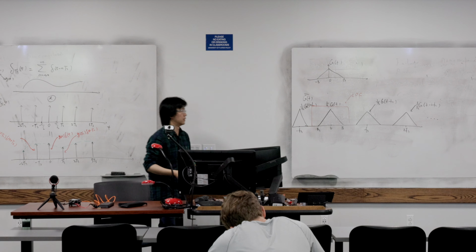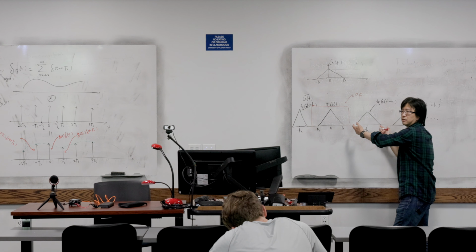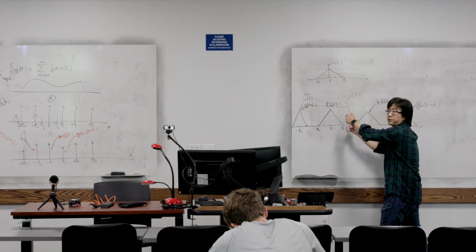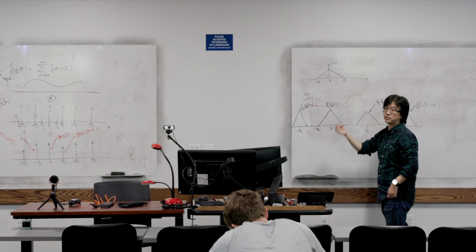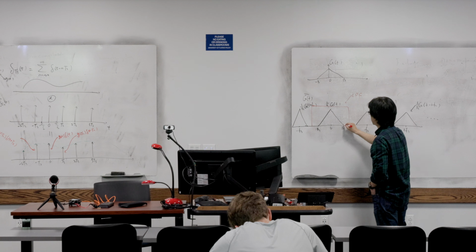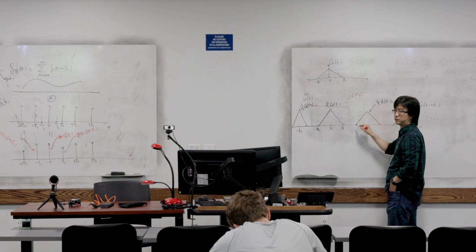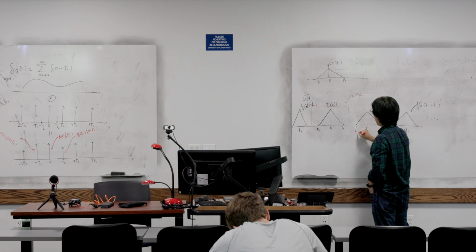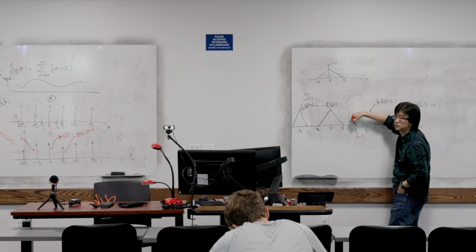Now let's see the condition. All of these copies have to be separated. If they're not separated and there is some overlapping, then we cannot recover the signal exactly. So what are the conditions here? This point is B. What about this point? Fs minus B. We need to make sure this point and this point do not overlap, or this point has to be smaller than this.